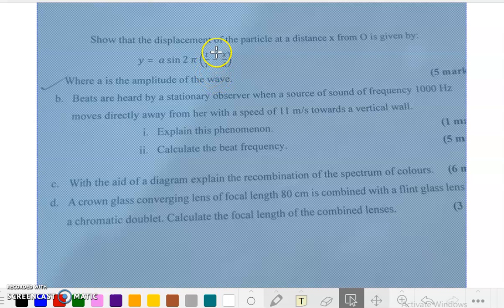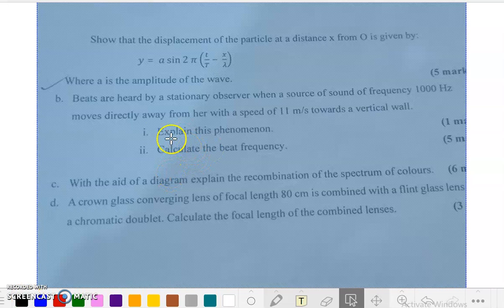The capital T represents the period, x represents the horizontal position, and lambda we know is given in terms of the wave equation. So we are going to be proving this, and it is good to pay attention to details, as it will help us to know how we got to this point.